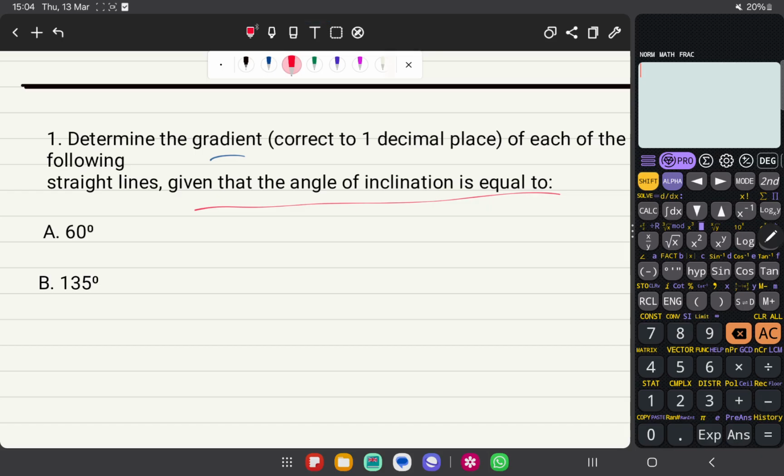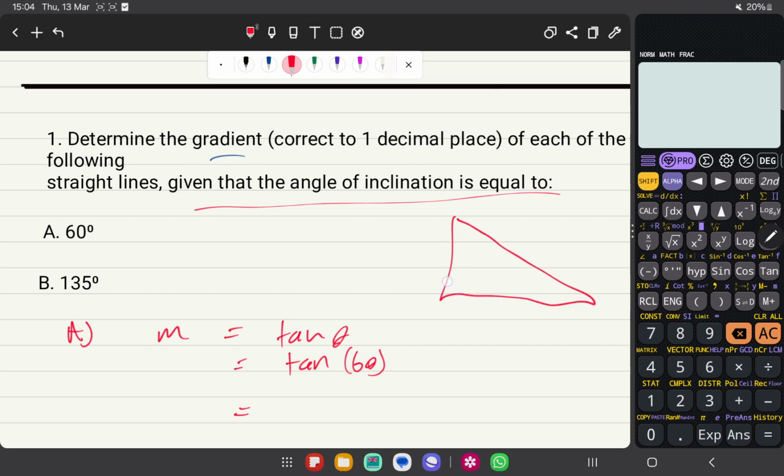So like we said, this angle A is between the intervals. For A, we will just say m is equal to tan theta, and what is tan theta? It's tan 60. Remember, 60 degrees is one of the special angles, back in trigonometry, so you can get the answer without using the calculator.